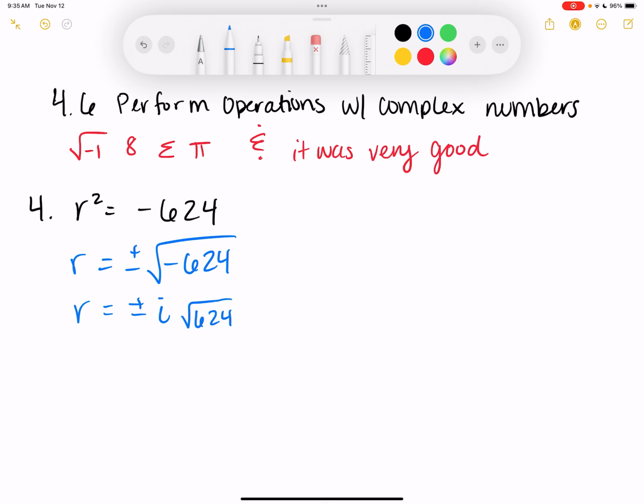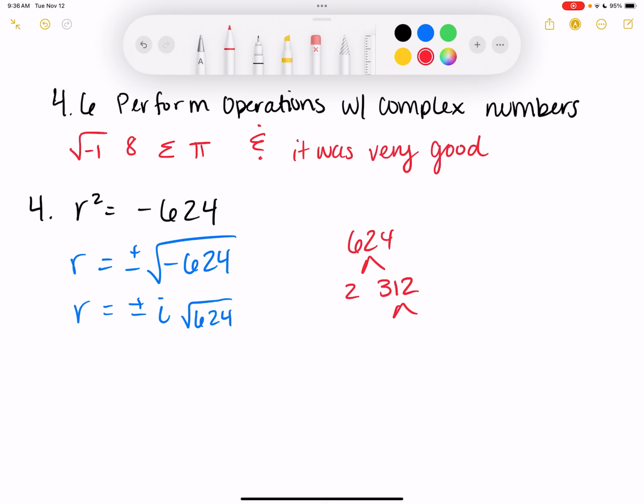Can I break down 624? Yes. Absolutely. You could go the long way and take out a 2. 2 and 312. And 312 breaks into a 2 again, 156.